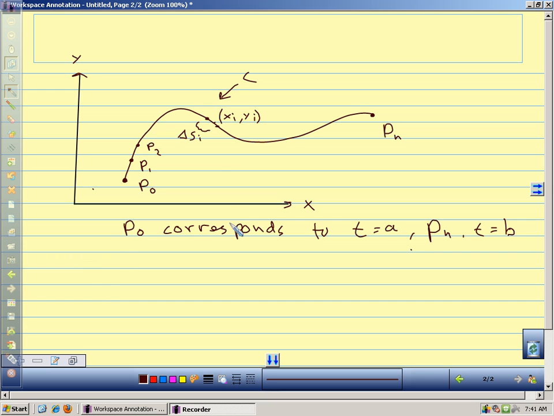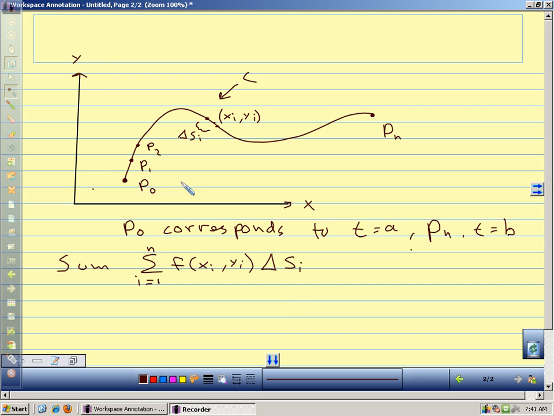And we want to form the sum. We're adding up our function value at this little position times the arc length. So we're summing from i equals 1 to n of our function times delta S sub i.